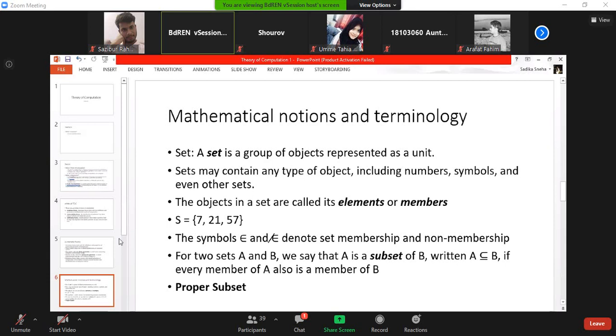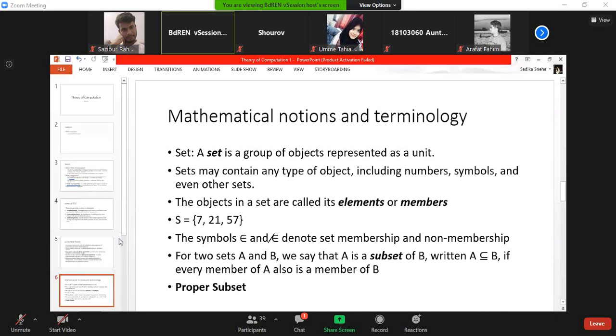We are going to start from set. As you already know, set is a group of objects represented as a unit. While doing mathematics, inside the set we normally mention only numbers and all that. But there can be other sets that we apply in computer science.